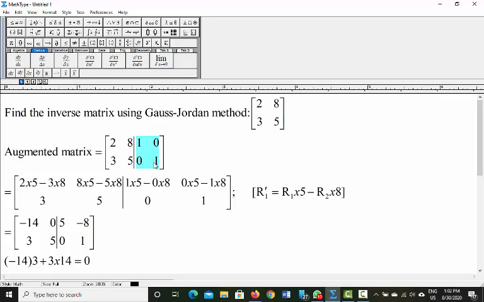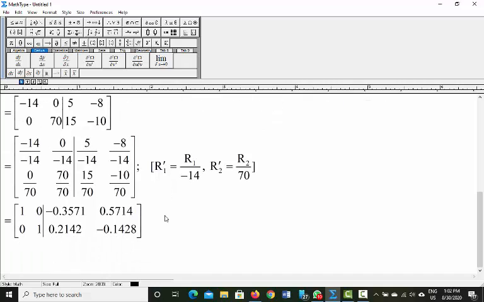Now by doing row operations, we have brought the identity matrix to the left hand side of the divider. As I said before, after you bring the identity matrix to the left hand side of the divider, whatever you get on the right hand side is the inverse matrix.